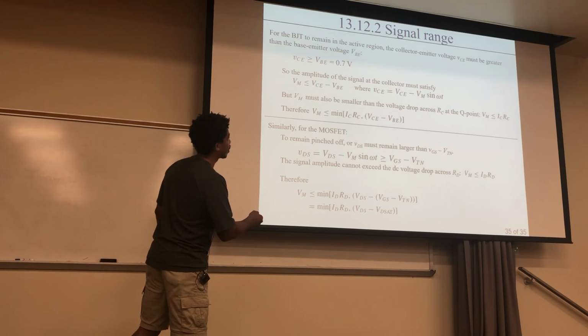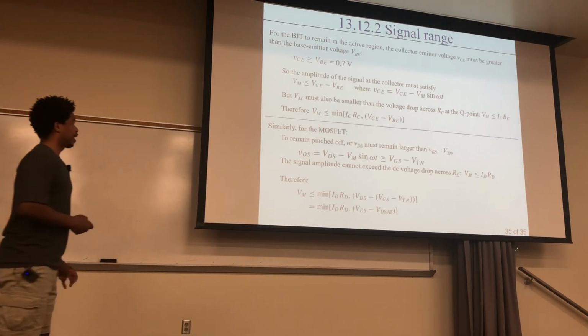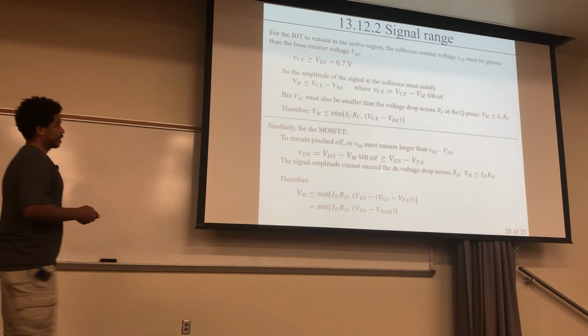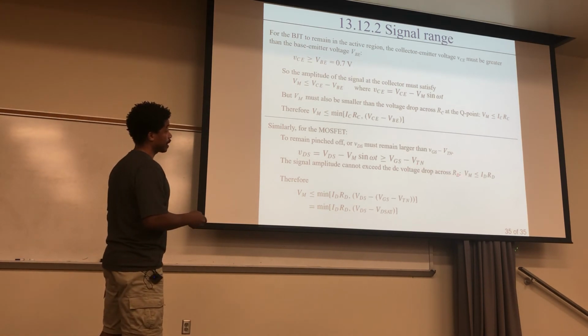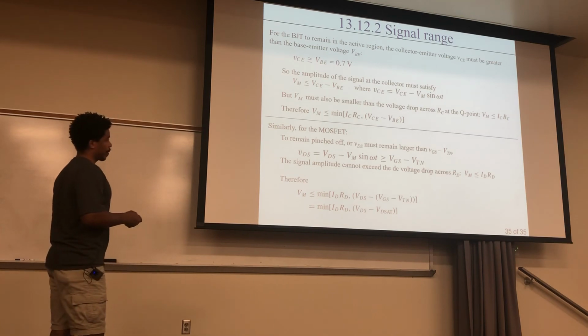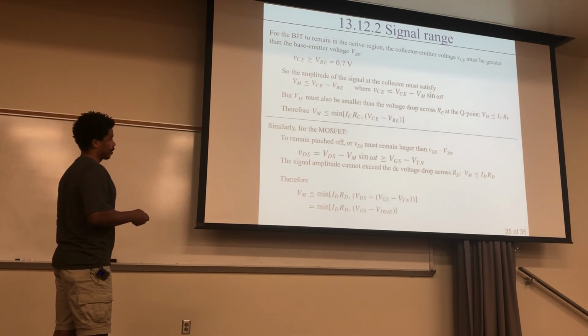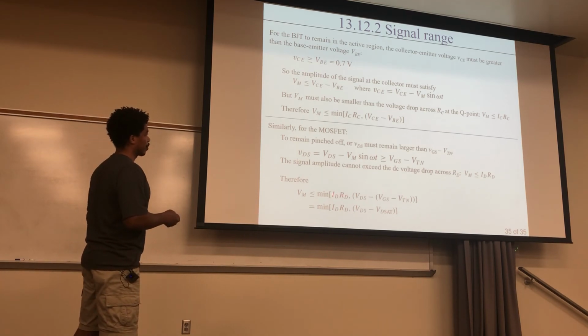Sorry about that, I'll try to fix that. And the signal amplitude cannot exceed your DC voltage drop across RD. So for those two things, now you have your constraint on your magnitude. It has to be less than or equal to whichever is smaller: your ID RD, which is the voltage drop across that, or this right here.